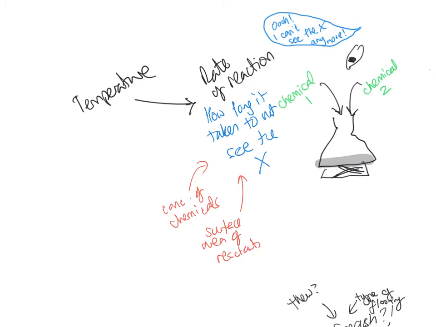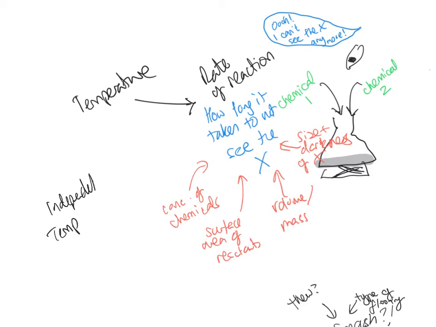The X and how dark it is when you put it underneath the conical flask would also impact on how long it took before you could see it. Therefore, when you carry out this experiment, you've got the independent variable, which is the temperature, the dependent variable, how long it takes to no longer see the X, and all the other variables are control variables.